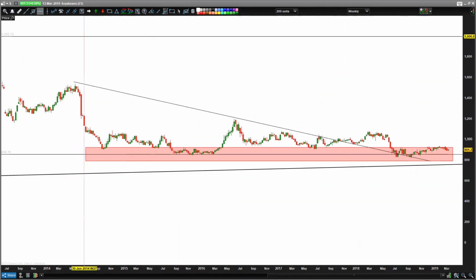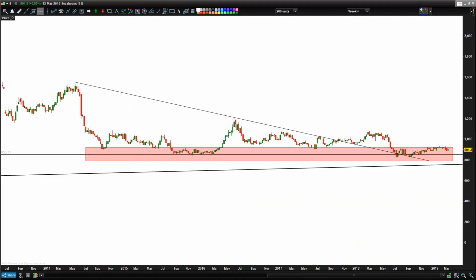Notice how I talked about this in the context of oil. Notice how we have this main support here, and on this move here we breach it, but we get back very quickly. This is a weekly chart, so we're talking about weeks.